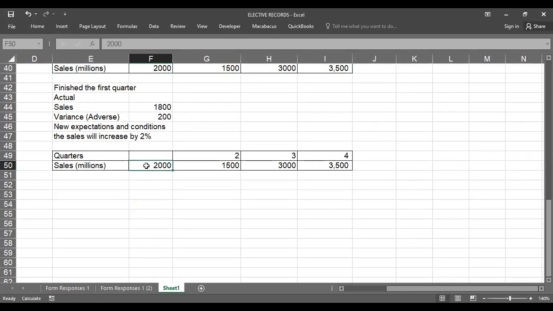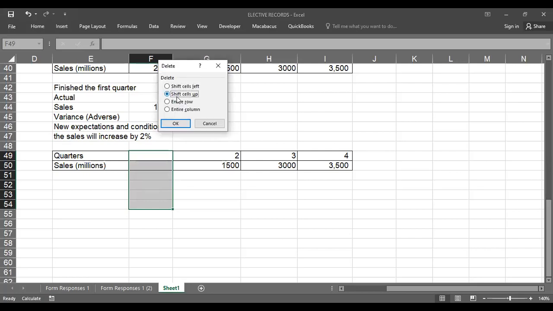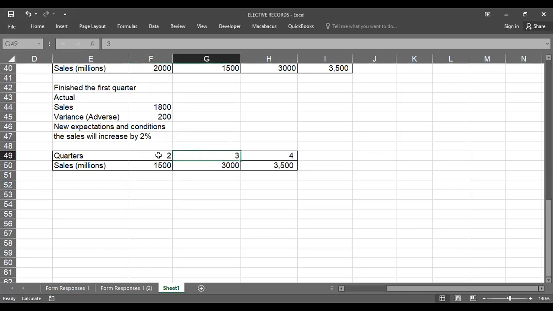Yeah? So meaning that you only have now 2, 3, and 4, and these are only 9 months. So rolling says that you take this and add something on this side.